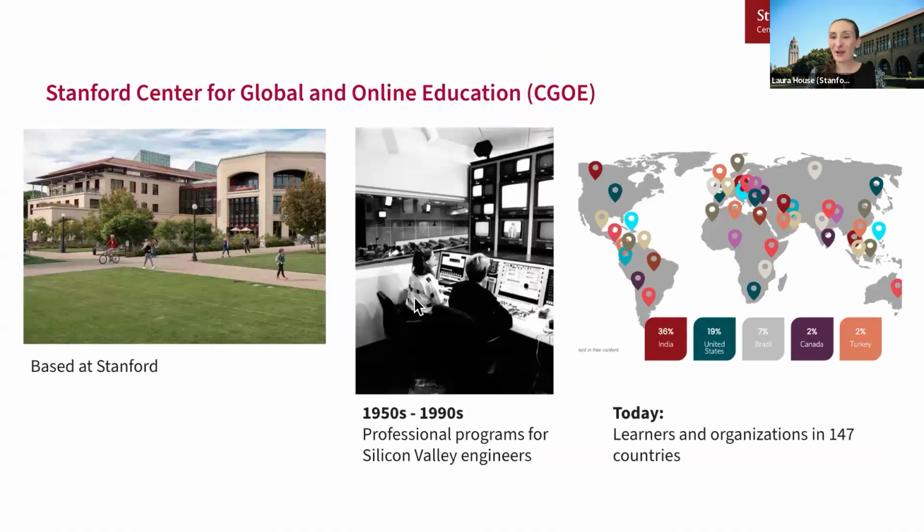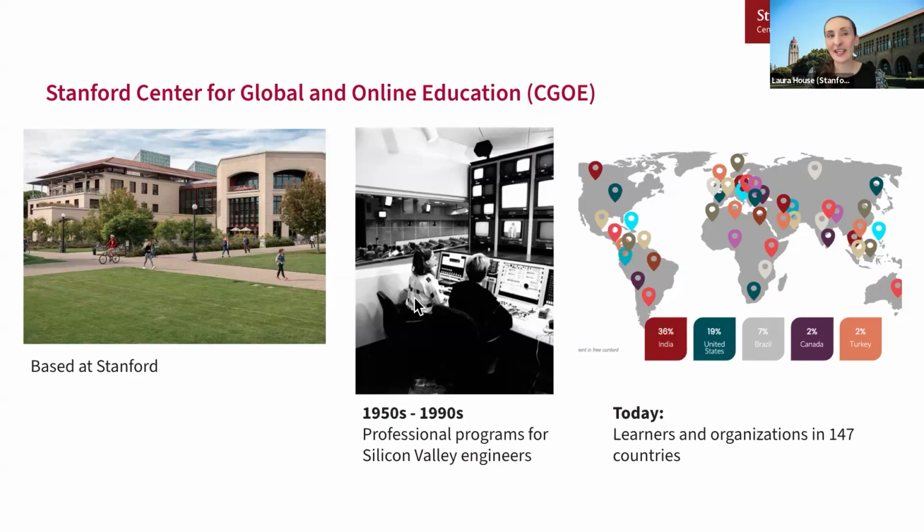But first, a little bit about who we are. Anindya and I work in CIGO, the Center for Global and Online Education within Stanford School of Engineering. Our origins date back to the 1950s. In the second half of the 20th century, we brought professional education programs to the local Silicon Valley ecosystem to help fuel a lot of the innovation that was happening at that time.